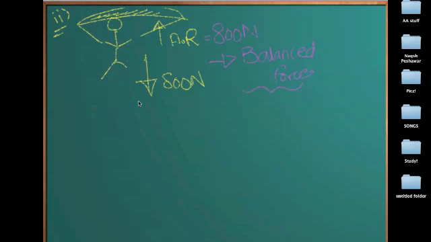Let's find the resultant force: minus 800 plus 800, which is 0. The air resistance, or the upward force, equals the downward force. So the net force is 0, and obviously when the net force is 0, the acceleration becomes 0.